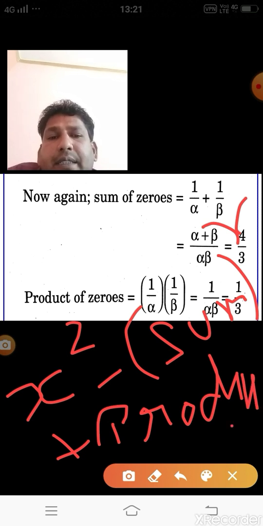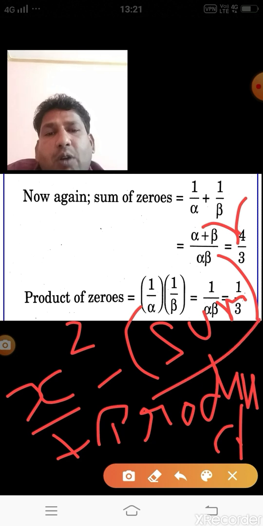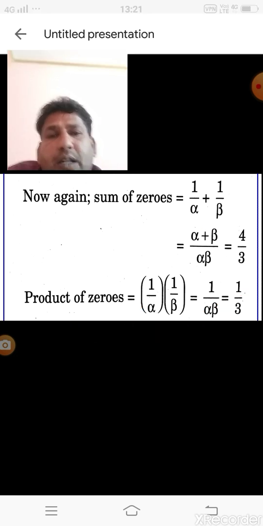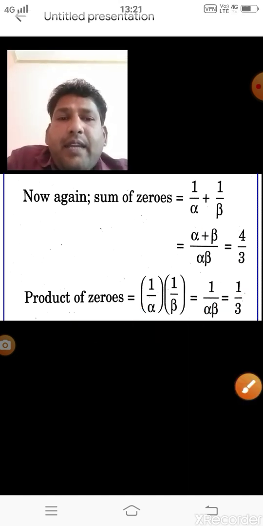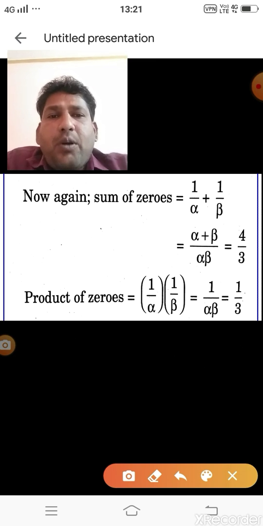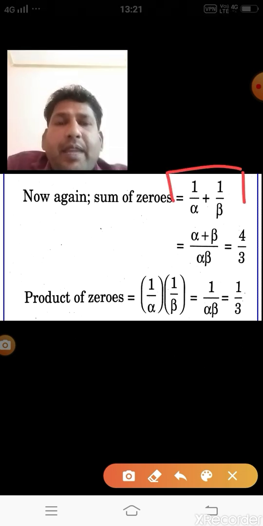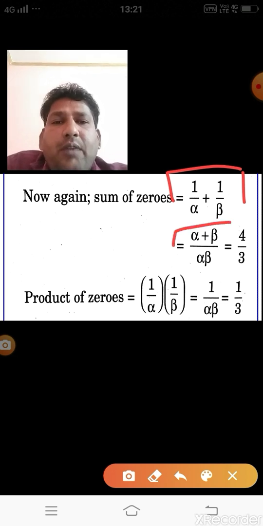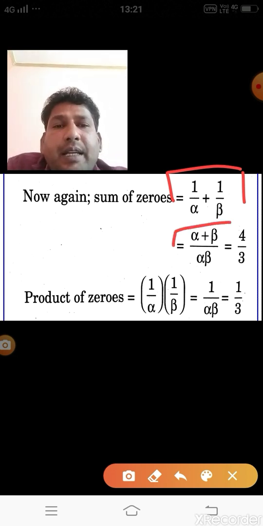Then here we are getting the sum 1 upon alpha plus 1 upon beta, and if you are taking LCM we are getting alpha plus beta upon alpha into beta, and the value of alpha plus beta is 4 and the value of alpha into beta is 3.